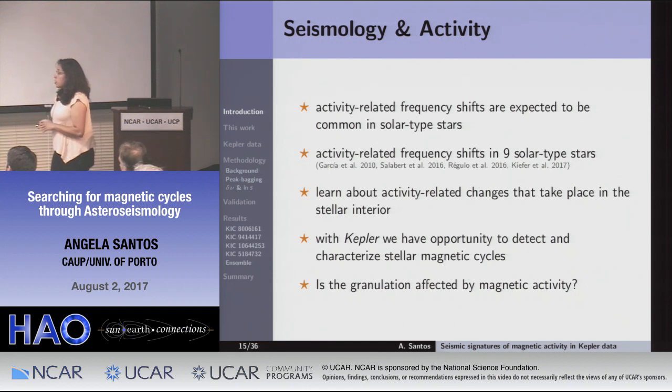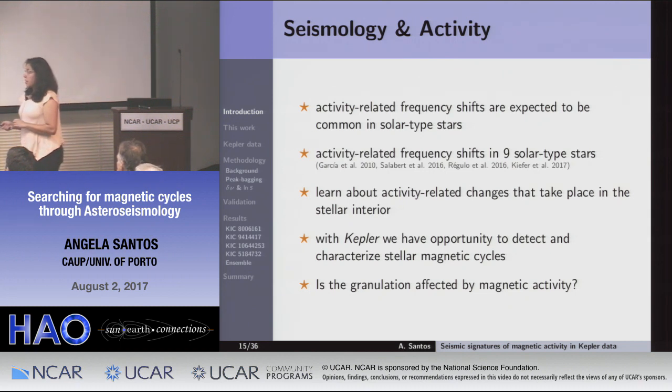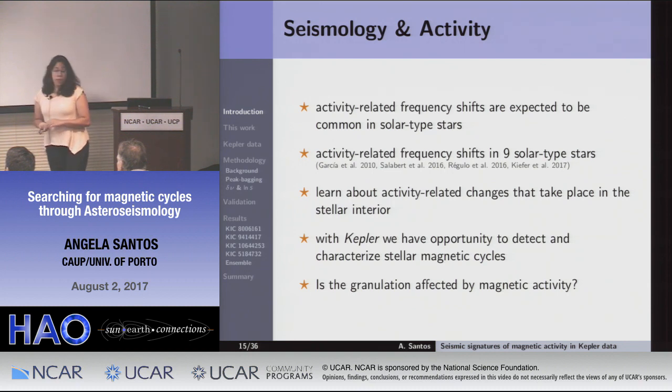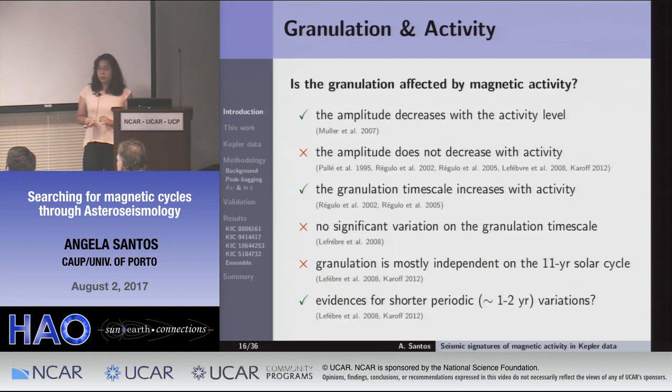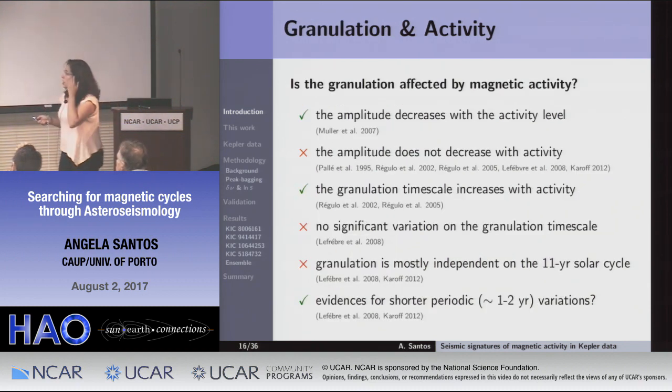In this study, we also want to try to answer this question: is the granulation affected by magnetic activity or not? Granulation is related to convection. I will not go into details, but this is the summary for the Sun.